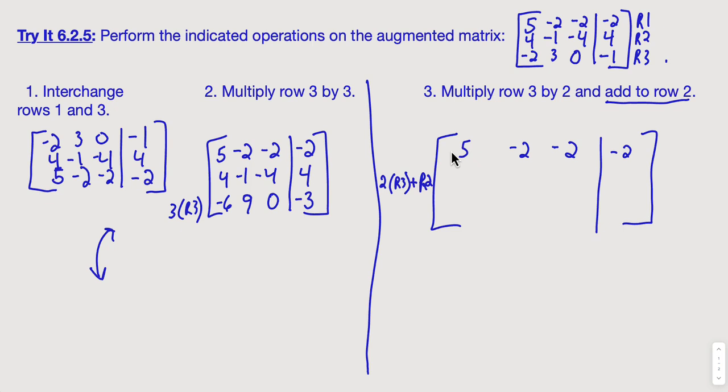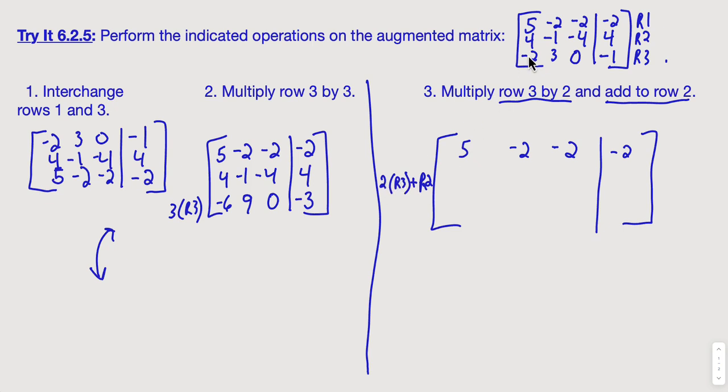So with this now, let's do these operations inside our matrix. So multiply row 3 by 2. So -2 times 2. That's our first element in row 3.